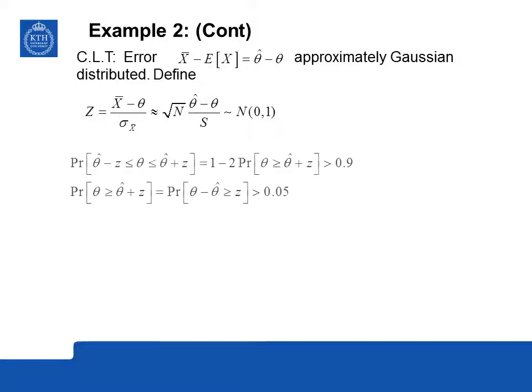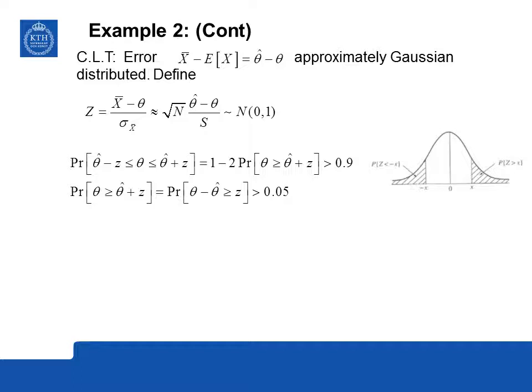So now we can use this fact to compute the confidence interval. What is the probability that theta will fall in this interval? Looking at the Gaussian density function on the right-hand side, we can see the probability that theta will fall in the center, in the white area in the middle, between plus minus z.